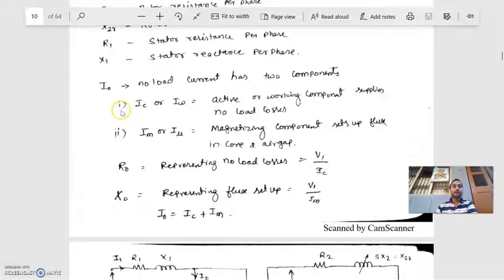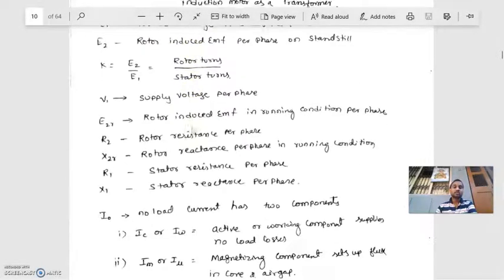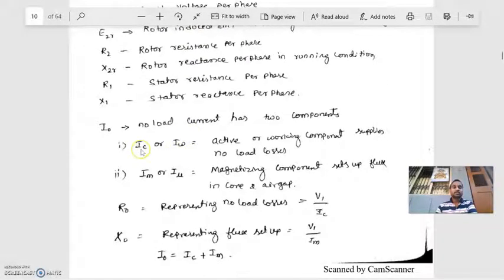Now I0 is the no load current, which has two components. I0 flows here because of R0 and X0. The two components of I0 are called IC and I mu.